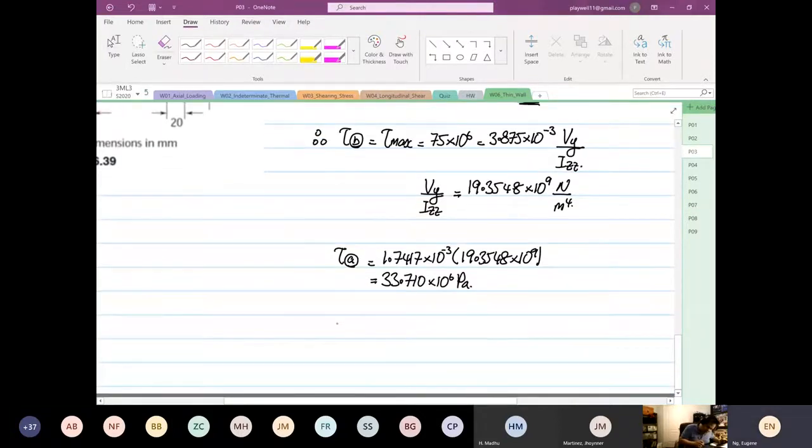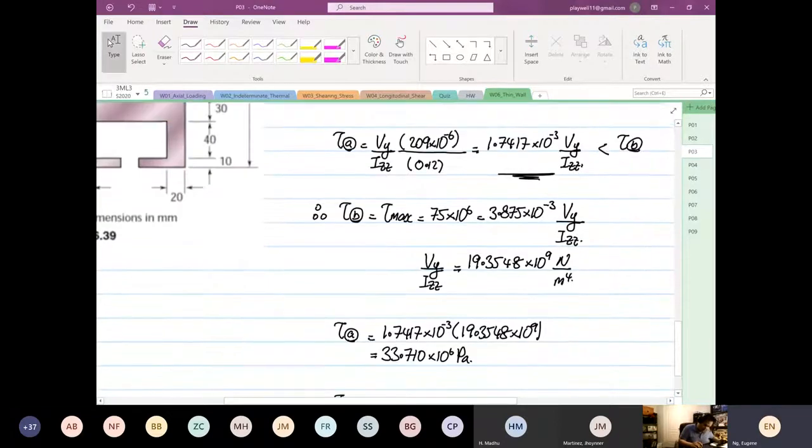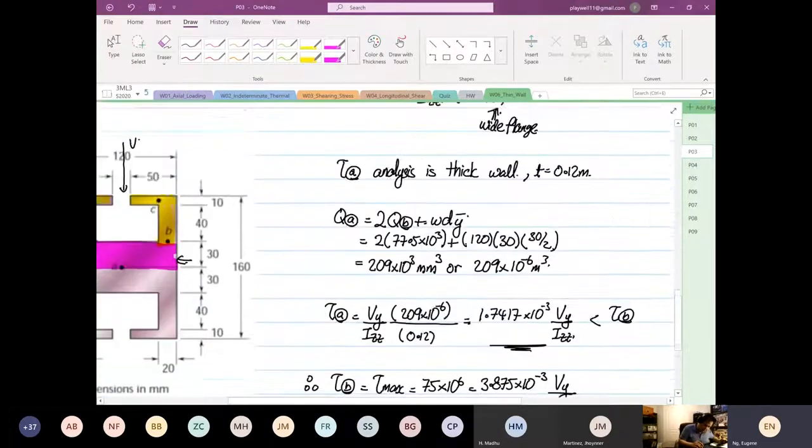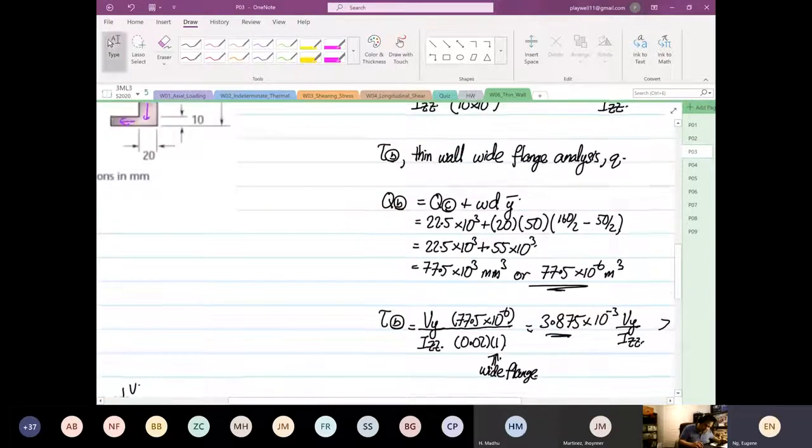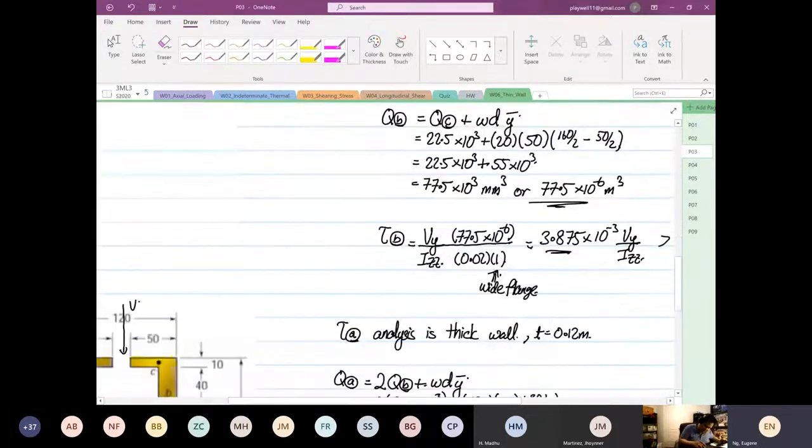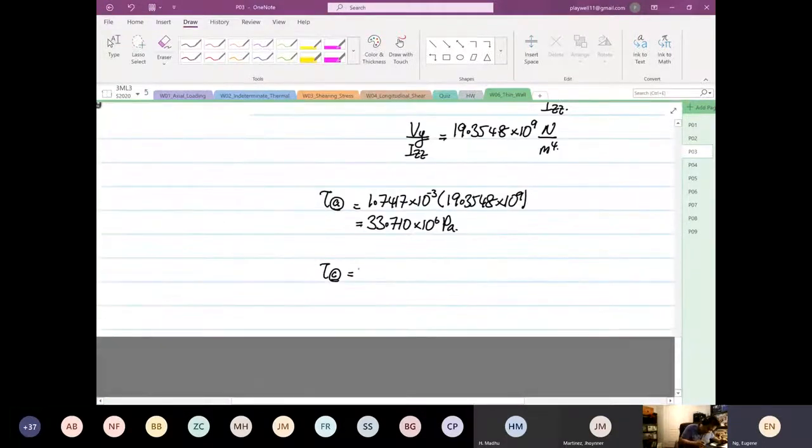And the shear stress at point C. So point C is what did you get? Point C is 2.25 times 10 to the power minus 3 multiplied by 19.3548 times 10 to the power 9.